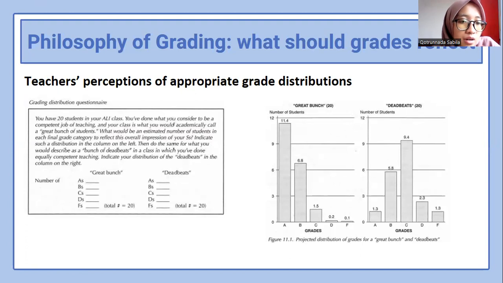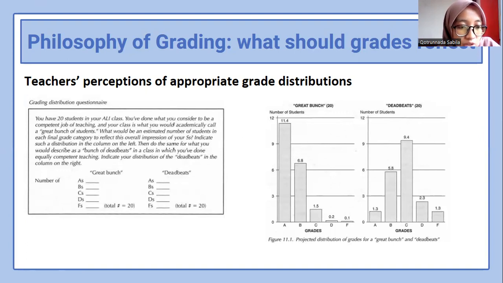And then pay attention to the two figures in the slide. We talk about teachers' perceptions of appropriate grade distribution. Two conclusions were drawn from this insight. First, teachers may hypothetically subscribe to a pre-selected set of expectations, but in practice may not conform to those expectations.